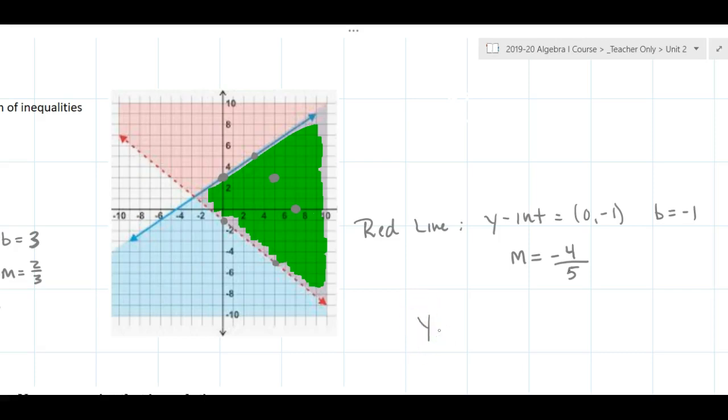So I've got my slope and my y-intercept. The shaded region of the red line is above, so y is greater than, strictly greater than, because we have a dotted line, y is greater than negative 4 fifths x minus 1.